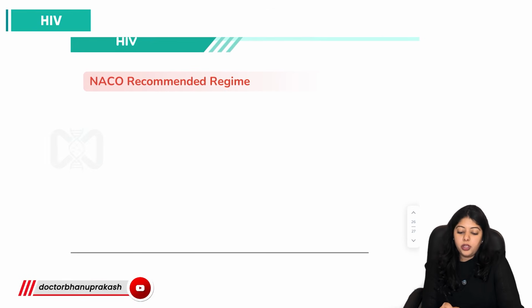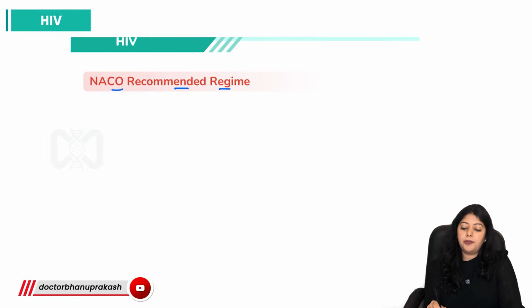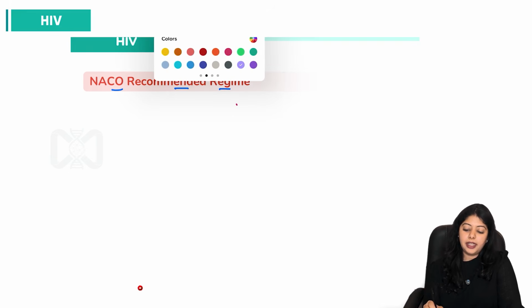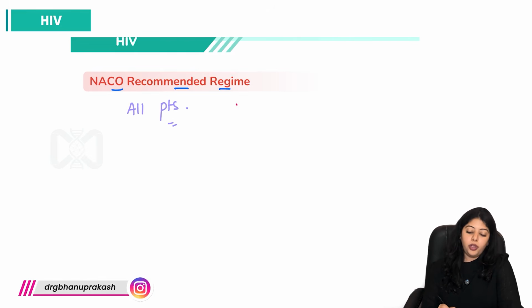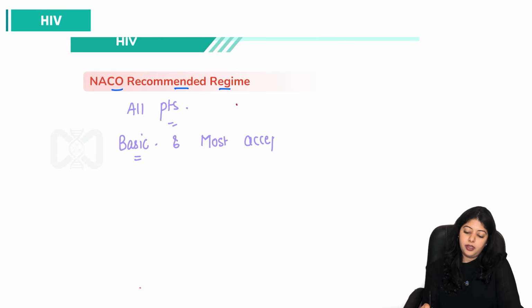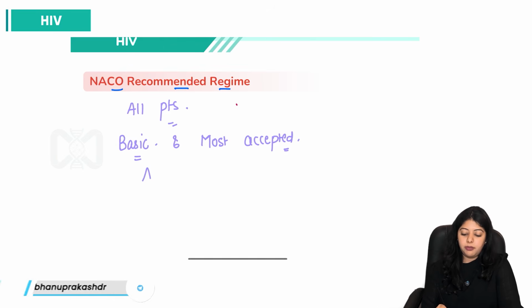So now let's talk about the NACO recommended regime. NACO says, since we are discussing that again and again, that we are supposed to treat all patients, right? So what is the basic and most accepted strategy for the treatment of adolescents and adult patients?